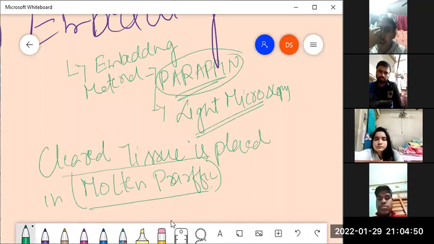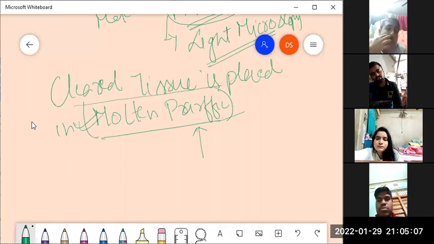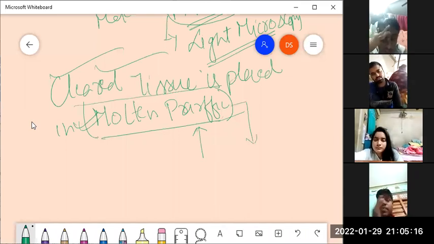And paraffin can be melted with a slight amount of heat. After you apply a slight amount of heat to this paraffin, it will become molten. So once it is melted, you can place this cleared tissue into the molten paraffin and leave it aside so that this molten paraffin next solidifies.